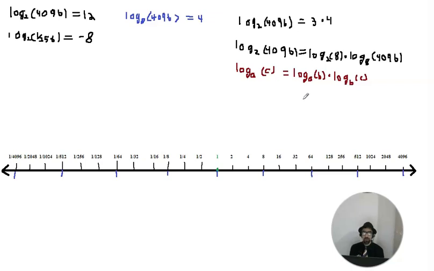And this can work if I'm trying to work with, let's say, a somewhat weird base, right? Suppose I wanted to work with a base of 3. That doesn't show up nicely on here. But if we know that a 3 would be around here, it's probably going to be a little closer to the 4 than the 2.